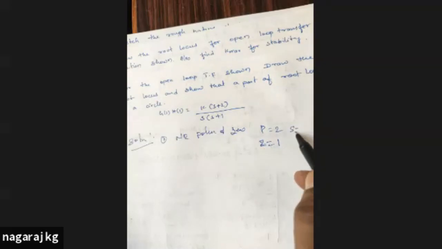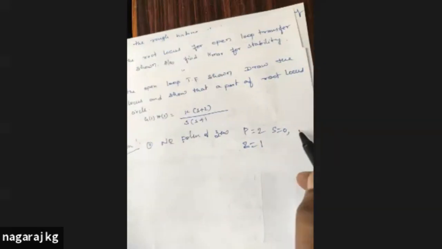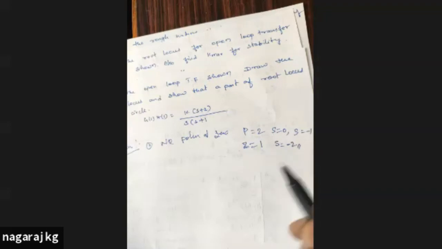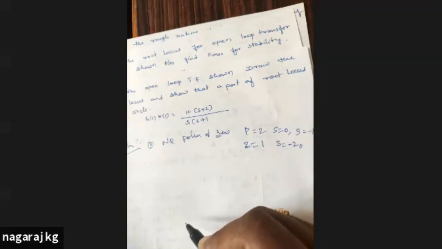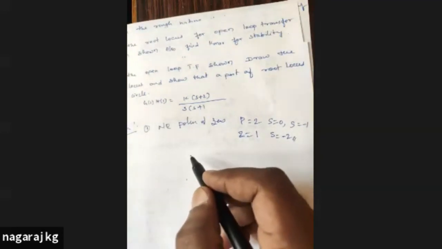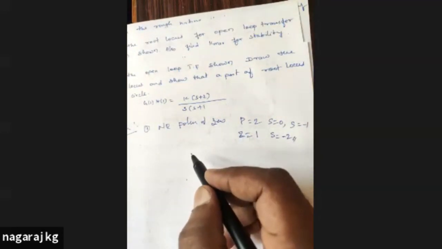At S is equal to 0 we have 1 pole, and at S is equal to -1 we have 1 more pole. At S is equal to -2 we have a zero. The numerator term will yield the zero, and the denominator terms will yield the poles. This is where we located the number of poles and zeros.